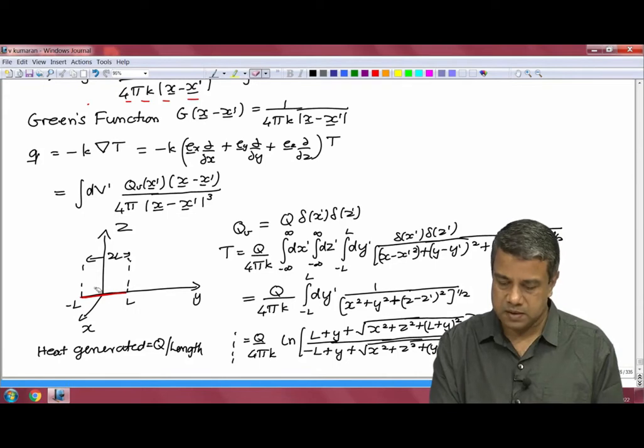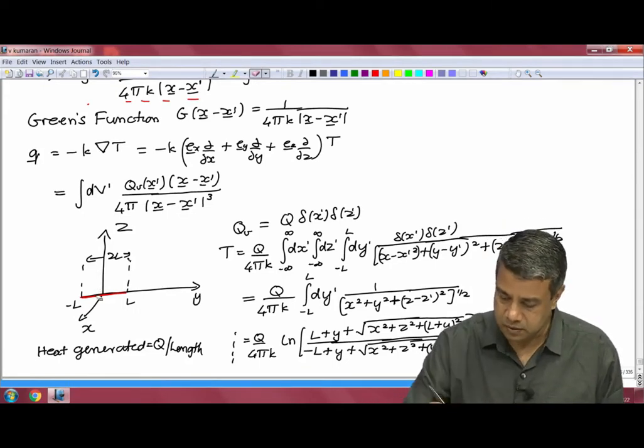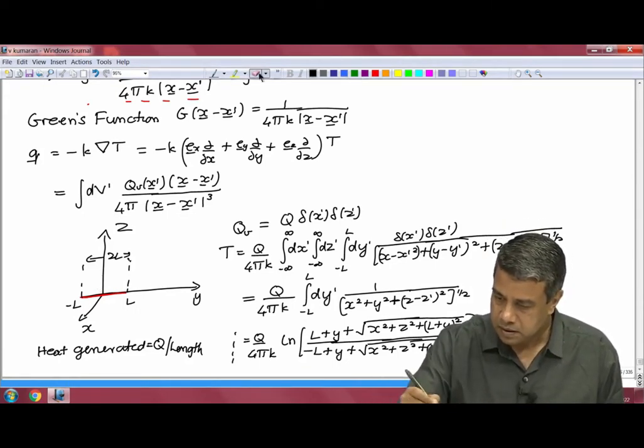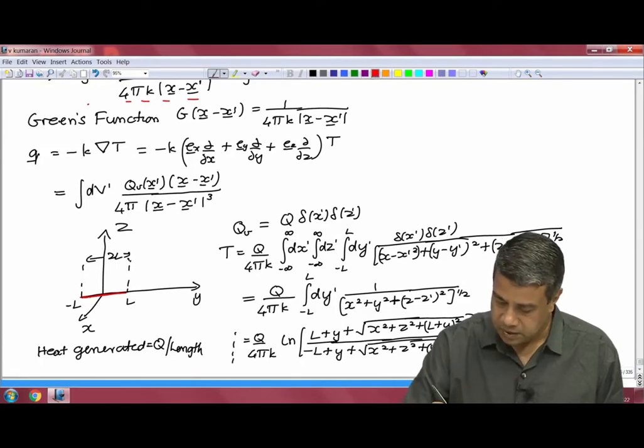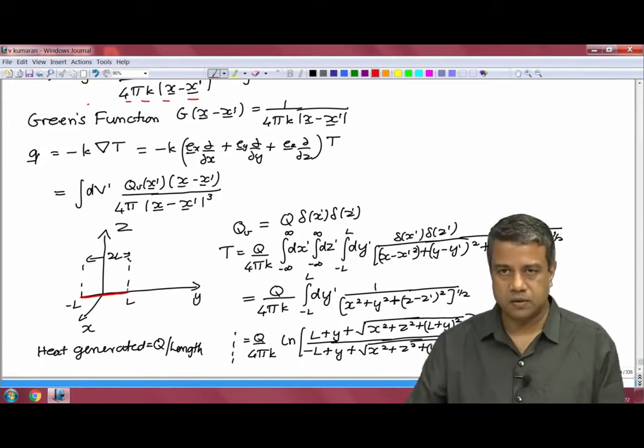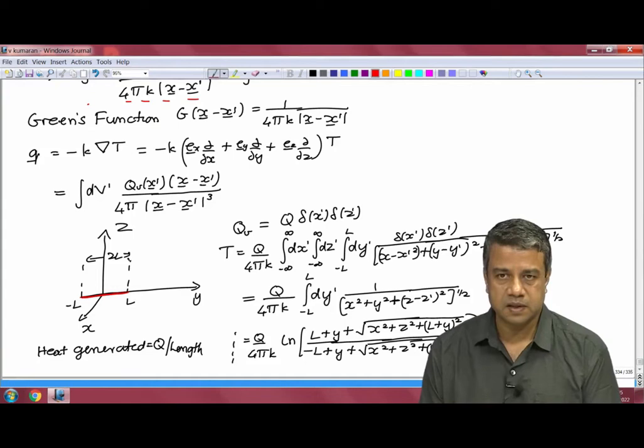What we had was a wire of length 2L, going from minus L to plus L and an infinitesimal thickness.